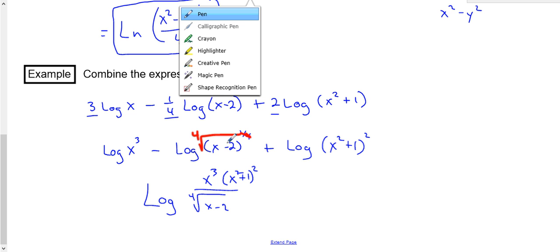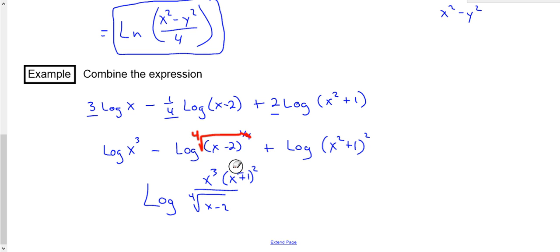There we go. X cubed times the quantity of x squared plus 1 squared all over the fourth root of x minus 2. So the log of that. Okay, and that's our final answer for that.